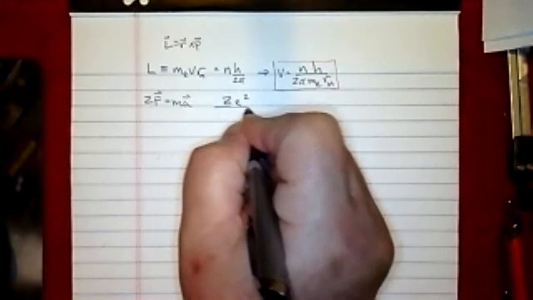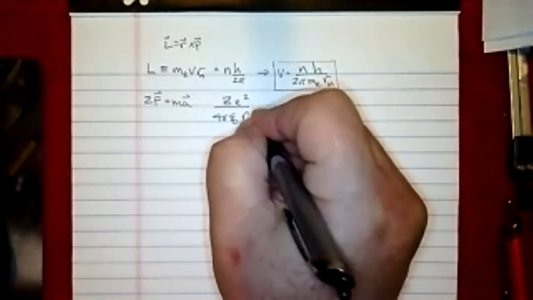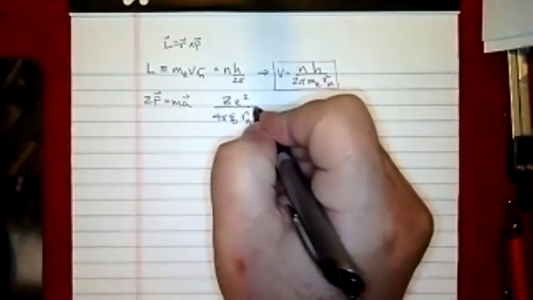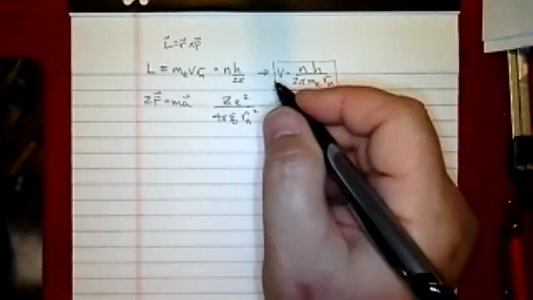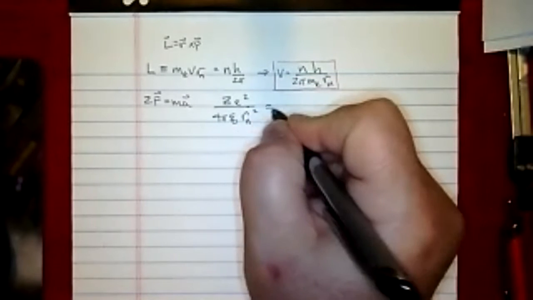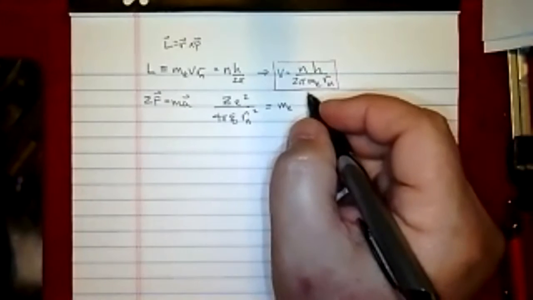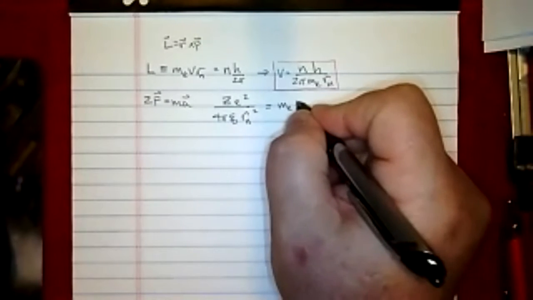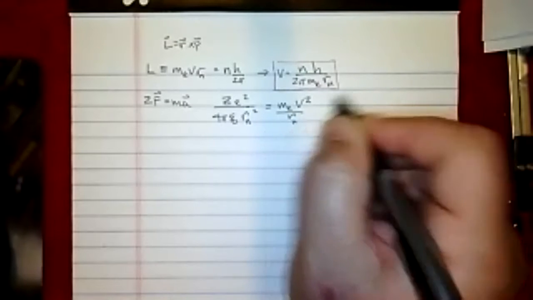And then the rest of the Coulomb force law is 4 pi epsilon naught, and then, of course, that'd be over Rn squared. So that's the force of attraction between the nucleus and the electron. But in order for that to keep it in a circular orbit, we'd have to have that equal to the centripetal force, which is the mass of the electron times the velocity of the electron squared over the radius of the orbit.